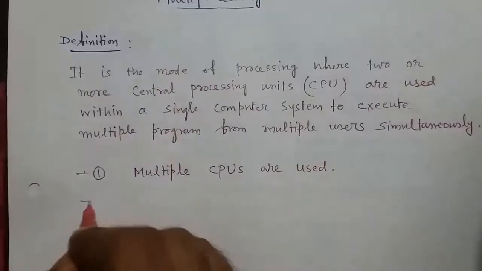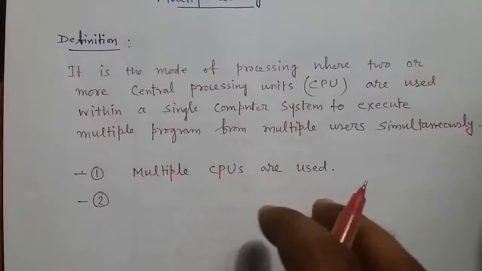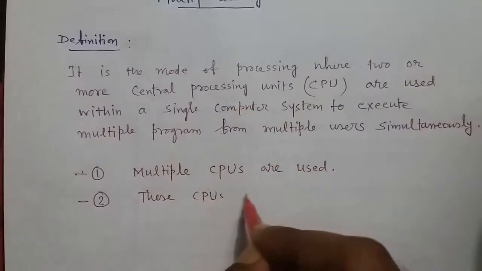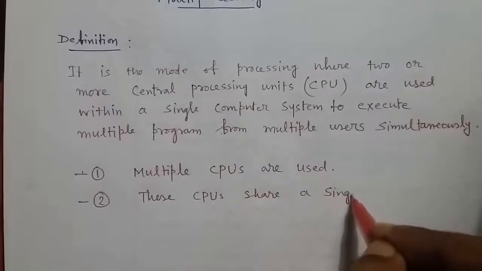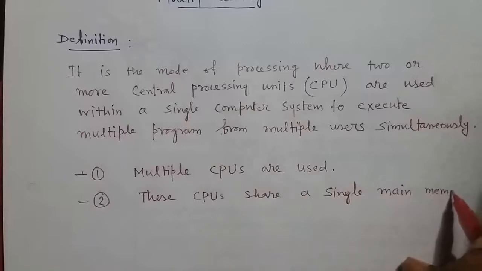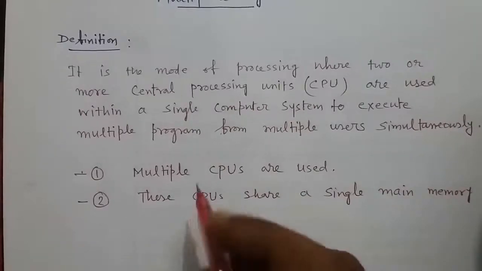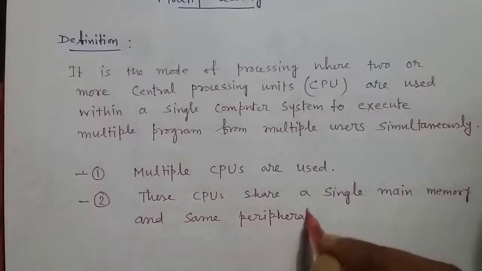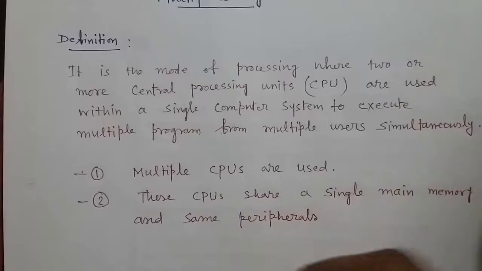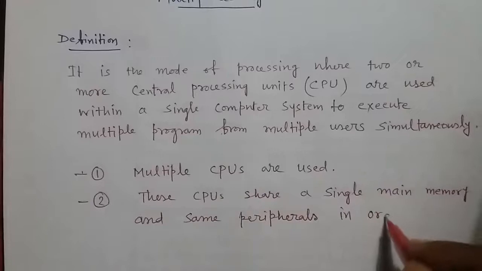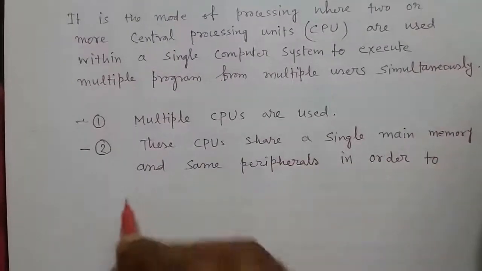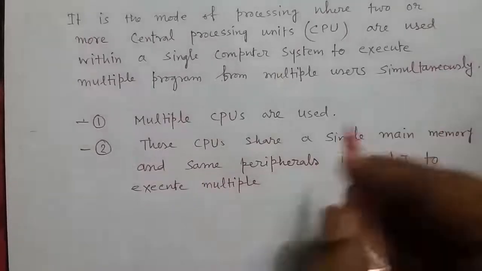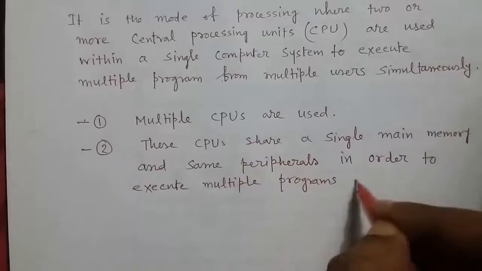Number two, these CPUs share a single main memory and same peripherals, or peripheral devices, in order to execute multiple programs simultaneously or at a time.